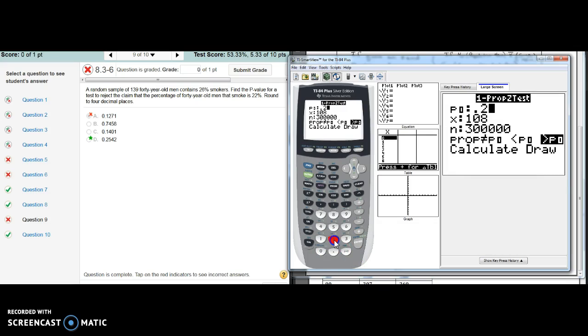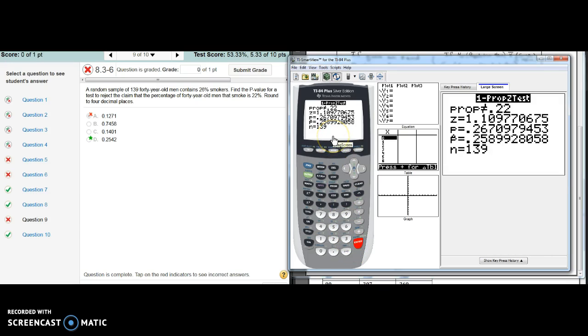Our percentage is 0.22. How many of those total people did we sample? We sampled 139. Now, if 26% of them are smokers, we have to do 0.26 times 139. When I did that, I got 36.14, so we're going to round that value to 36. And this is the test that we're going to be using, so we're going to now calculate this.